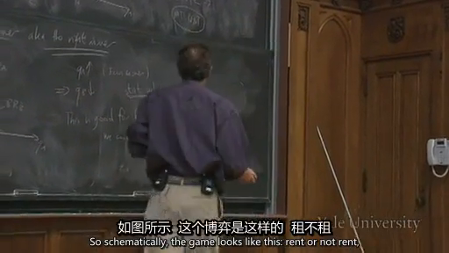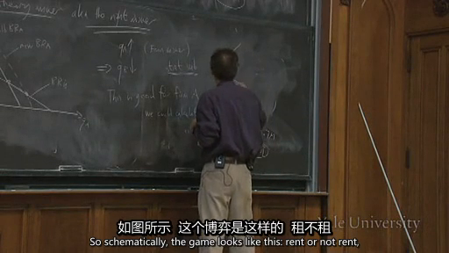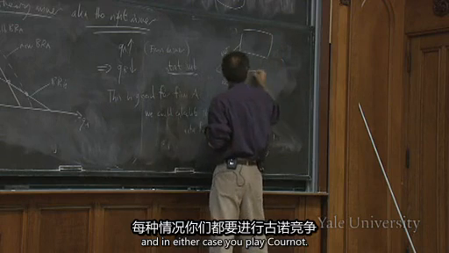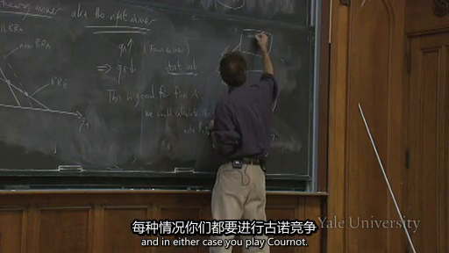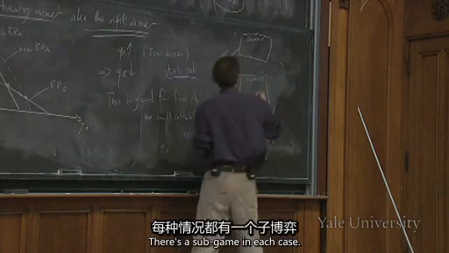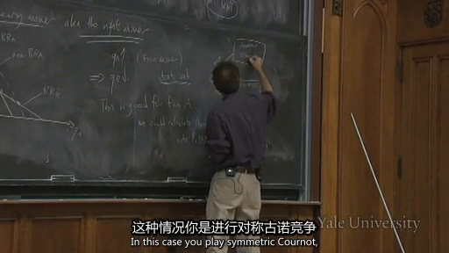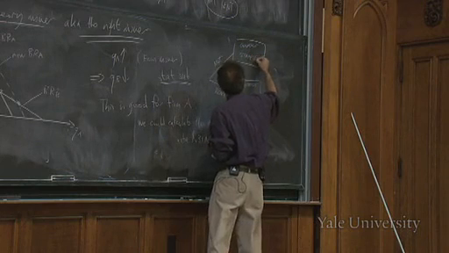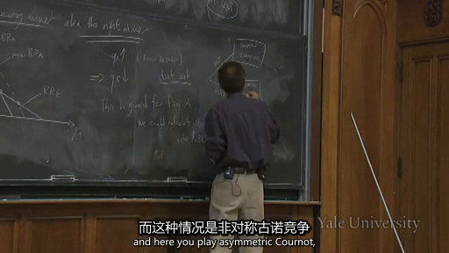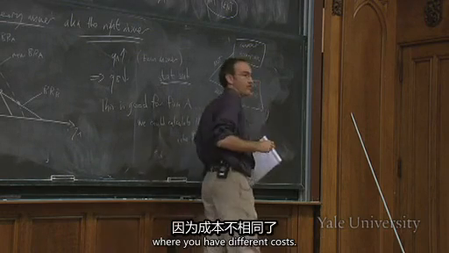All right, so schematically, the game looks like this: rent or not rent, and in either case, you play Cournot. There's a subgame in each case. In this case, you play symmetric Cournot when you both have the same costs, and here you play asymmetric Cournot where you have different costs.